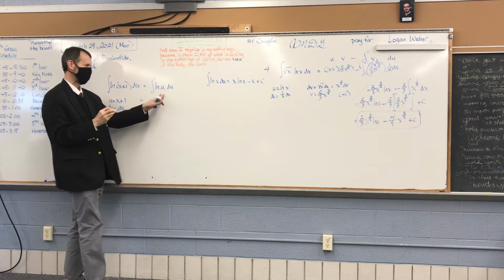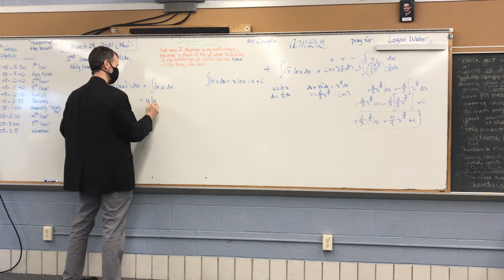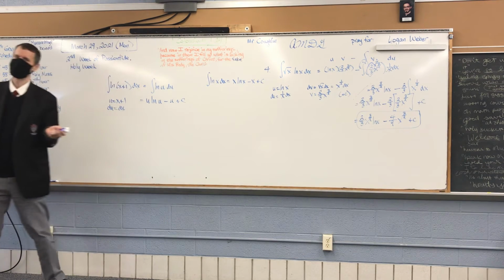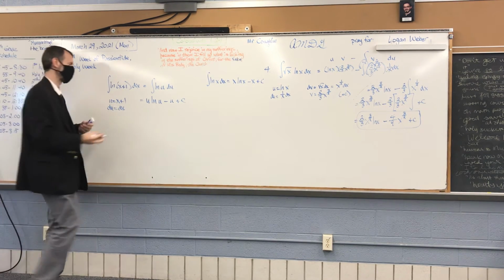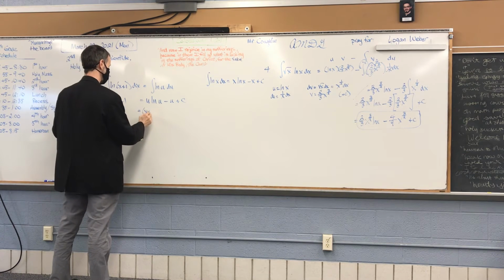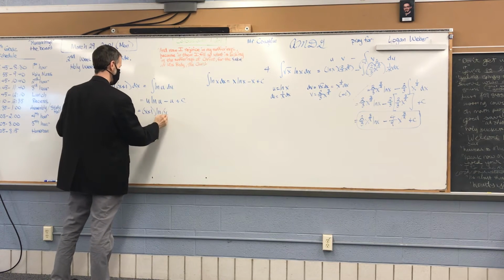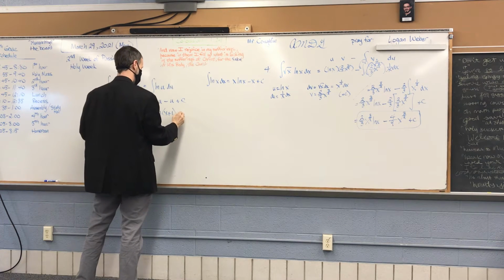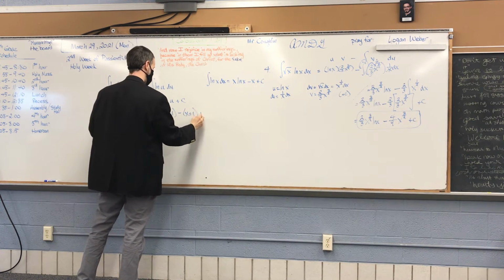Because if you did, you could do u ln of u minus u plus c, and just plug u back in. So you could do substitution, if you happen to know that. You can do both of them, substitution and integration by parts together.